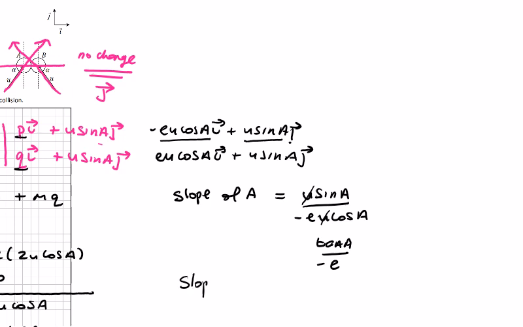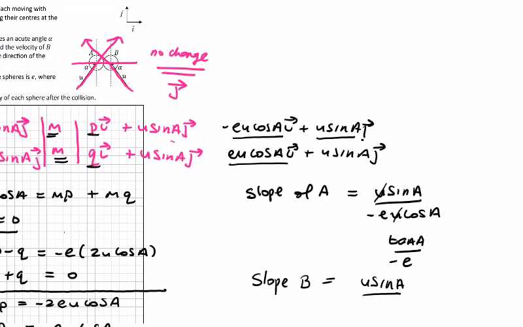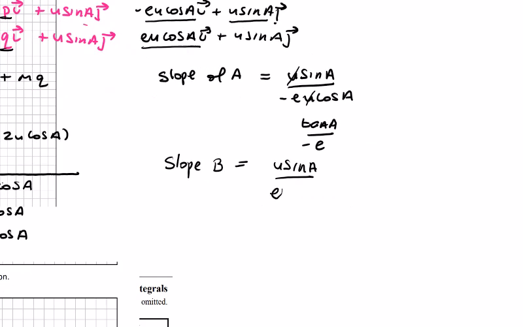The slope of B is equal to U sine alpha over plus EU cos alpha. And this simplifies down to tan alpha over E. And if they're perpendicular, M1 by M2 is equal to minus 1.